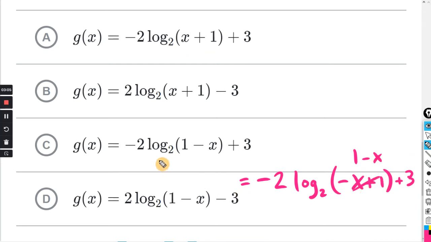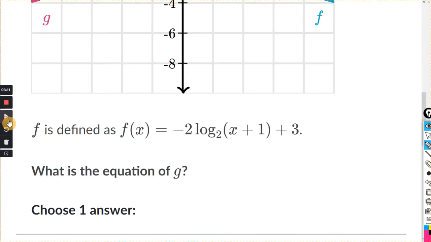So we're looking at answer C. So f of -x just means you negate the x, not the 1. Everything's the same except the x is -x plus 1, which is the same as 1 minus x. So it was answer C.